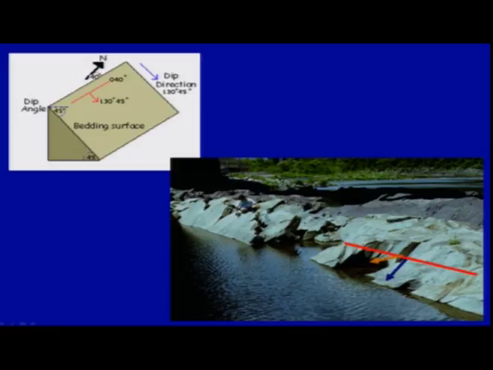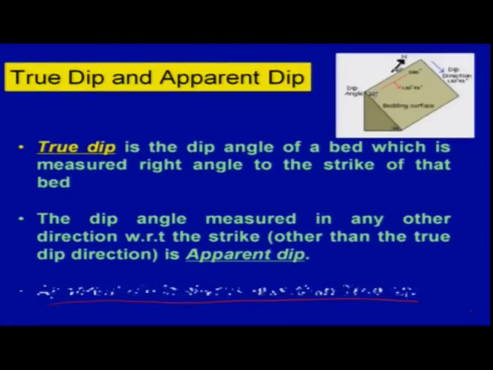But if you measure at any other angle with respect to the strike, then you are measuring the apparent dips. So this is apparent dip, this is true dip, and this is your strike. What we discussed is that the apparent dip is less than the true dip. You should remember this part.